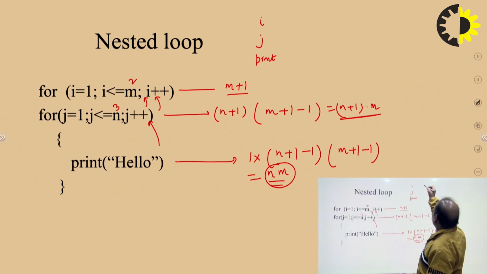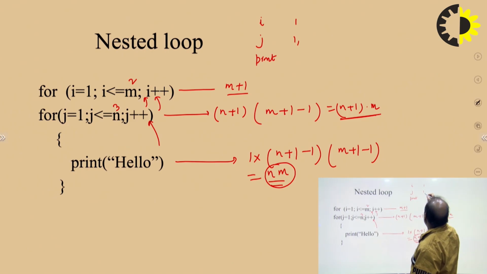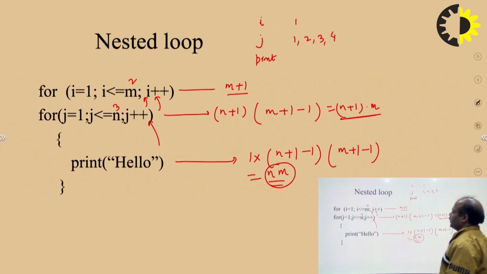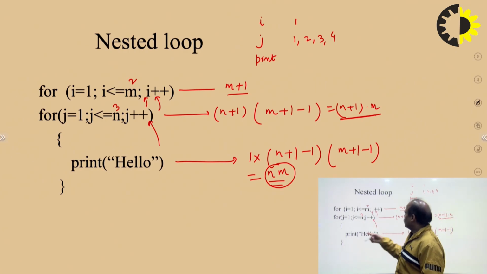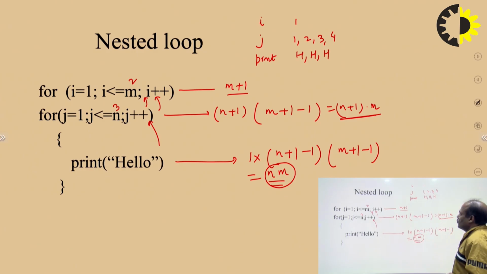I is 1, yes. So j is 1. Of course, 1 is less than or equal to 3. So j will be 1, 2, 3, and of course it will fail on 4. But whenever j is 1, 2, 3, it will print hello. It will print hello 3 times. Simple. This is the first tabulation.